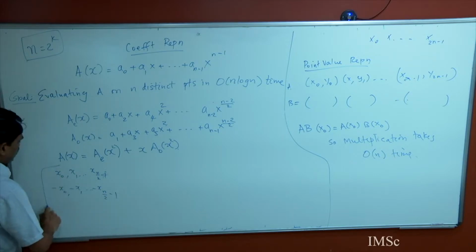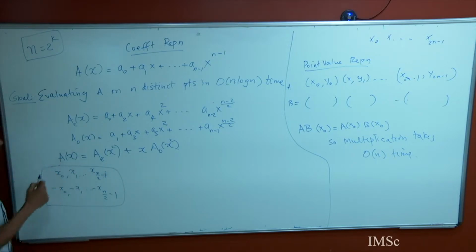You want me to evaluate A at n different points. My n points are as follows: half of them are plus and minus. Now, let us come back and evaluate A at these n different points.